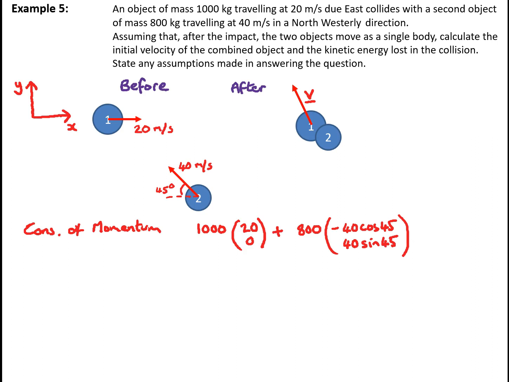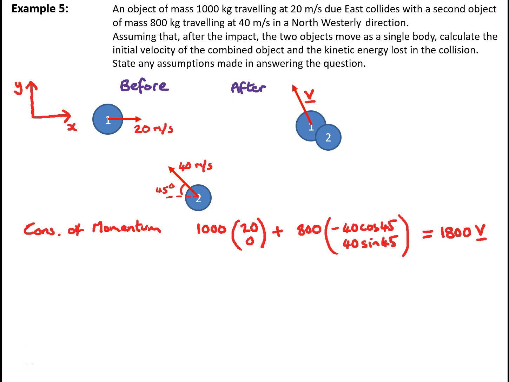So that's the initial momentum, and that must equal the final momentum, and the final momentum is going to be 1800, that's the total mass, times the velocity, which we don't know, it's just v at the moment.